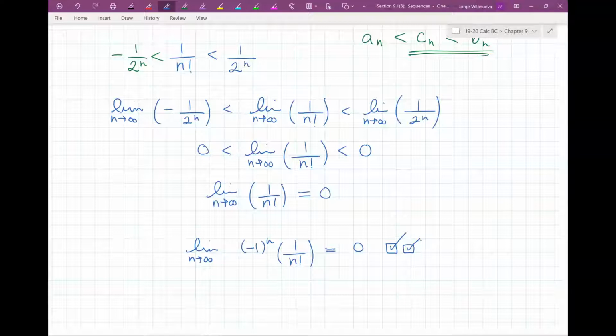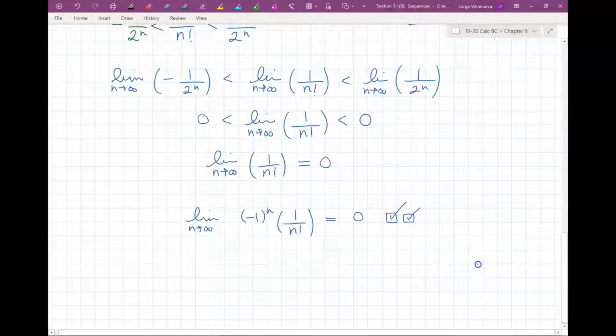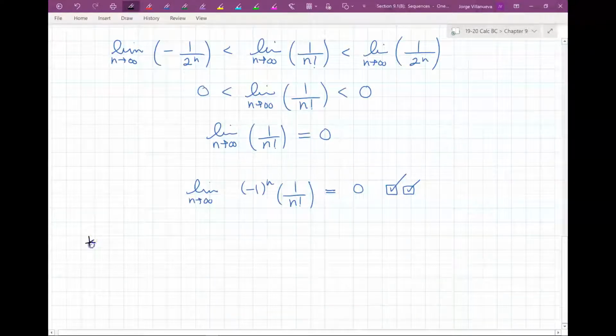All right. Now, remember how I mentioned that this thing had a negative 1 to the n, and I said, what's going to happen in that situation with the negative 1 to the n? There's actually a theorem that takes care of that. That's theorem 9.4, and it's called the absolute value theorem.